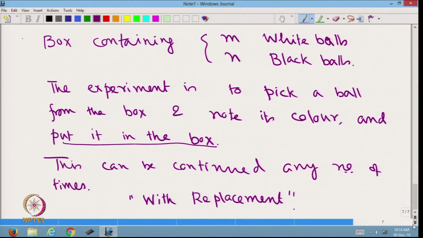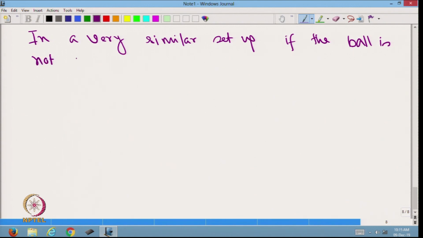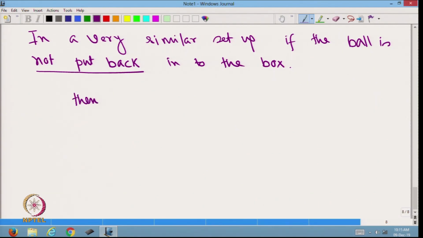In a very similar setup, if the ball is not put back into the box, then it is called without replacement.